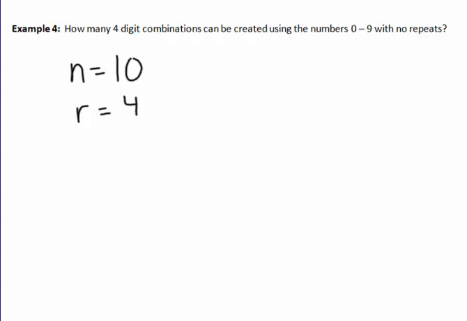Because it is a 4-digit combination, we know that order matters. So we are going to consider nPr. But anytime we do these questions, we always have to ask ourselves, does order matter? And especially in a combination, if you don't put those digits in the right order, you're not going to crack the combo. Order does matter in this situation.